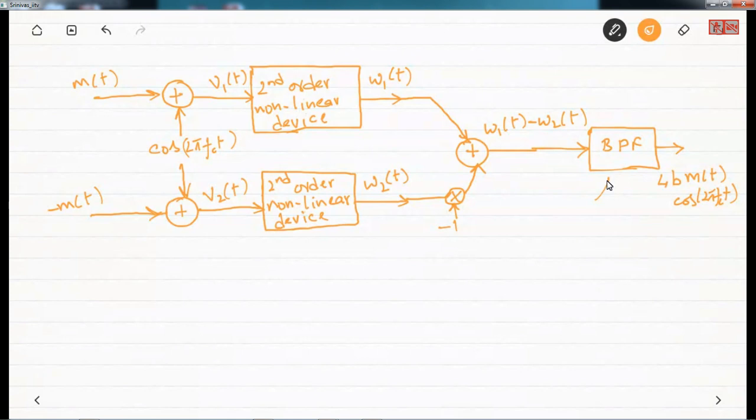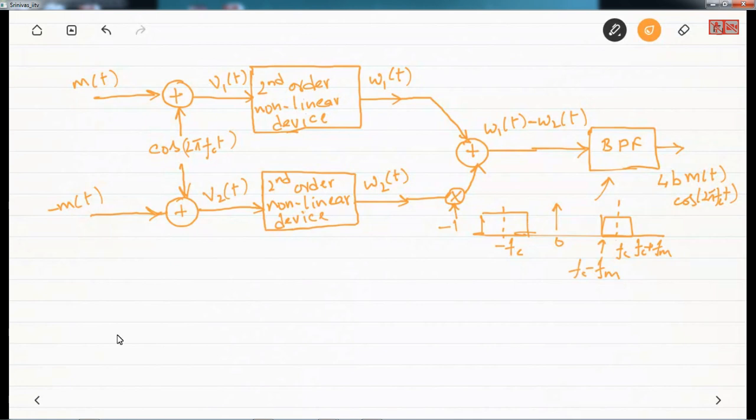It should have a pass band, this FC plus FM, this is 0, this minus FC, so this is FC minus FM, right? Got it?